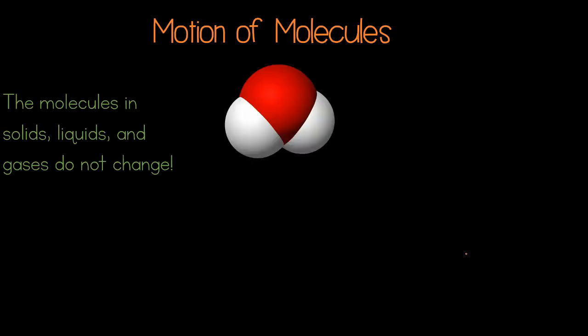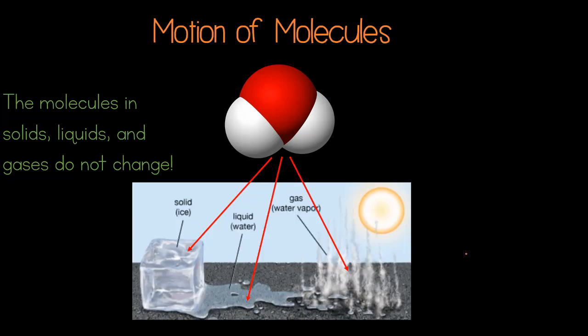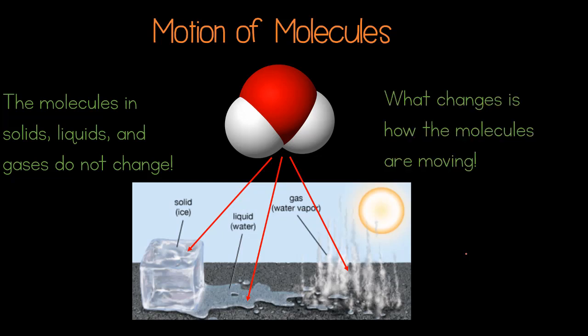A molecule of water, or H2O, will always be a molecule of H2O, whether it's in ice, liquid, or steam form. What changes is how the molecules are arranged and the amount of energy that they have. So let's take a look.